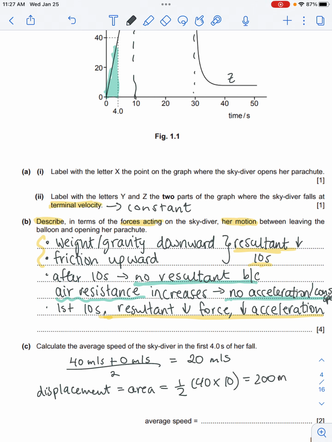So if that's how far I'm going and it takes me 10 seconds, my average speed, distance over time, is 200 meters divided by 10 seconds. Either method works, I end up with an average speed of 20 meters per second. Marks come from showing the calculation that you're using and from the actual answer.